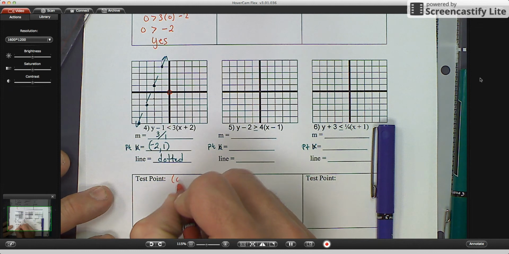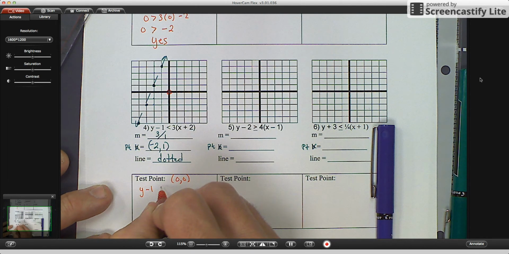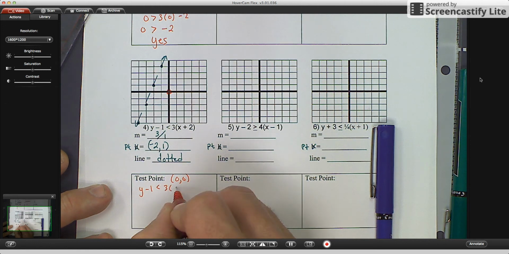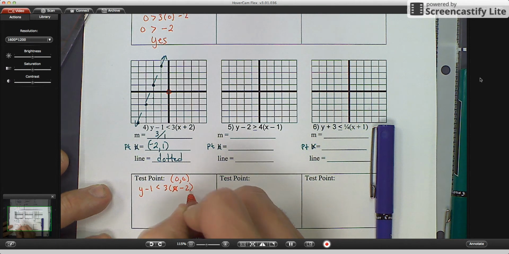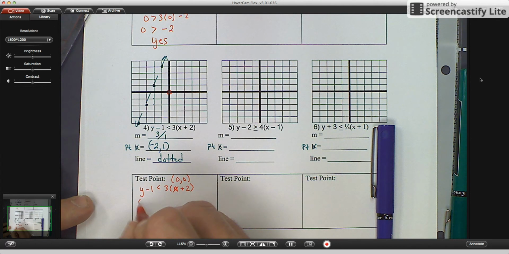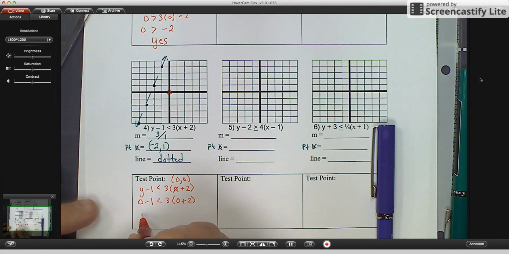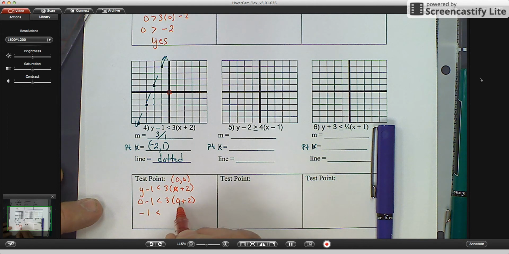So I'll do 0, 0 here. And then y minus 1 is less than 3 times x plus 2. And then I just substitute 0 minus 1 and 3 times 0 plus 2. 0 minus 1 is a negative 1, less than 0 plus 2 is 2, and 2 times 3 is 6.